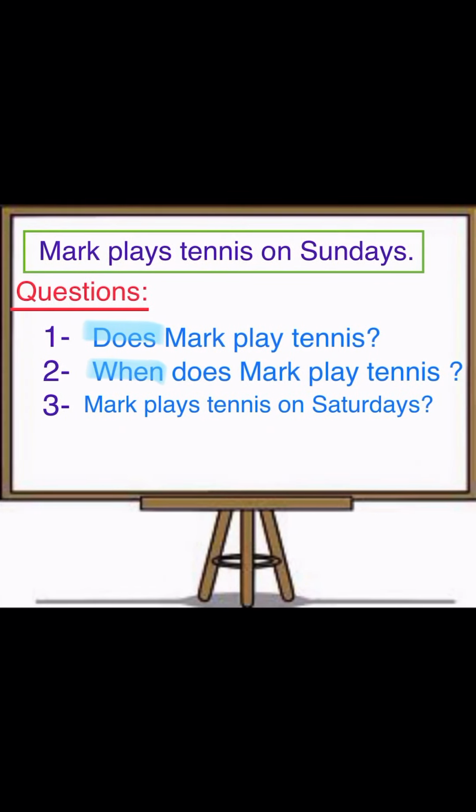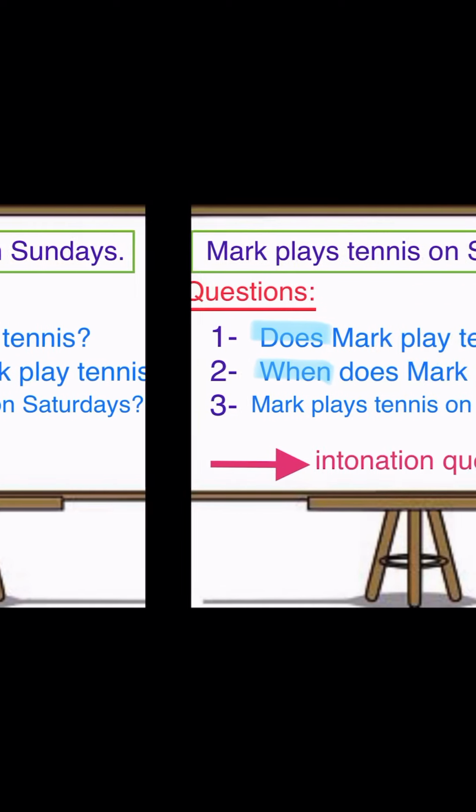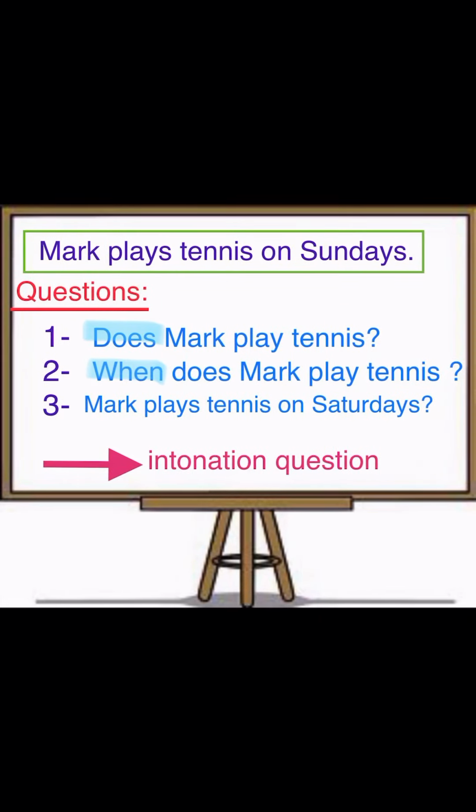The third type is, okay, Mark plays tennis on Sundays. Mark plays tennis on Sundays? This is my question. The change that we have is the question mark at the end and my voice. Perfect. So the third type is called the intonation question.